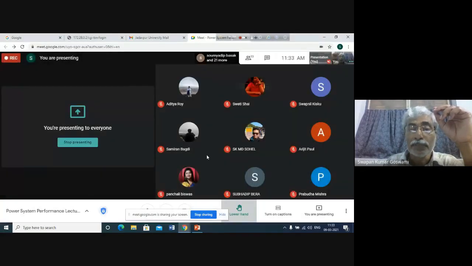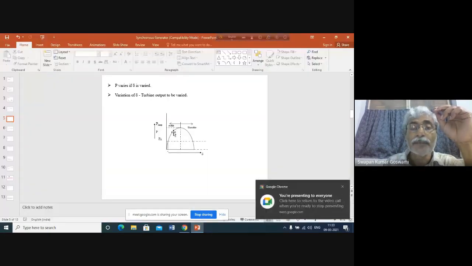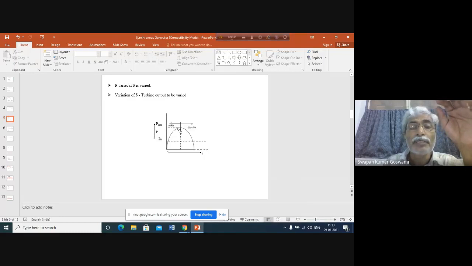So as a result, generator will decelerate since the output power is greater than the input power. In this way, somewhere here, after crossing the maximum power point, output power is greater than input power now. But what may happen? Speed was above synchronous. Now say speed is just equal to synchronous.